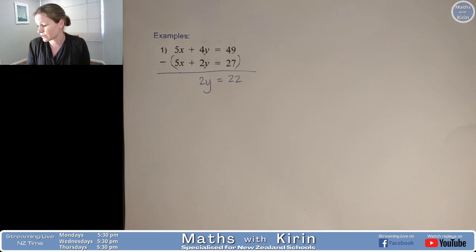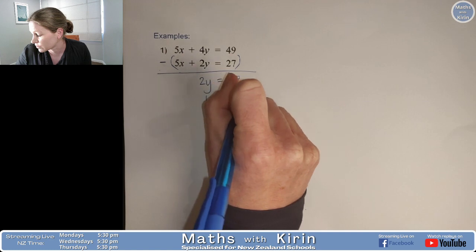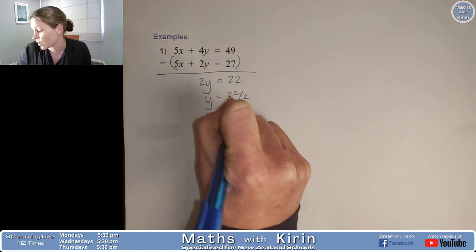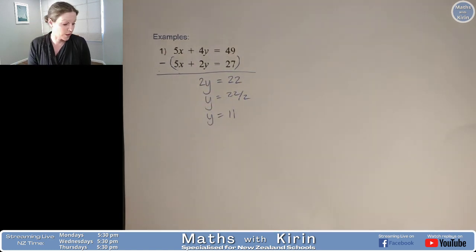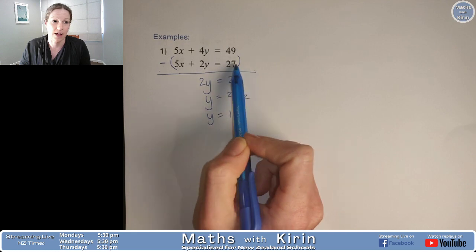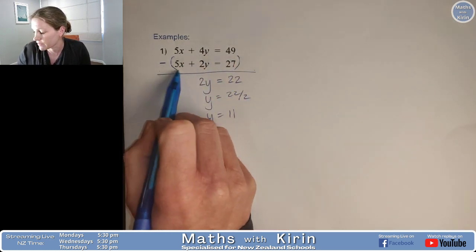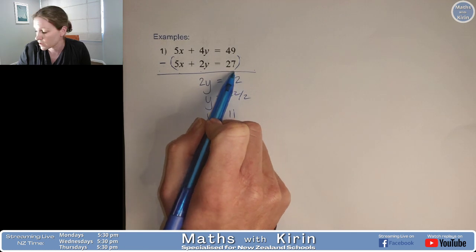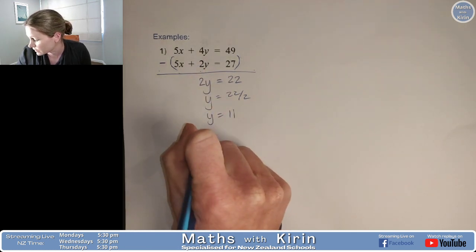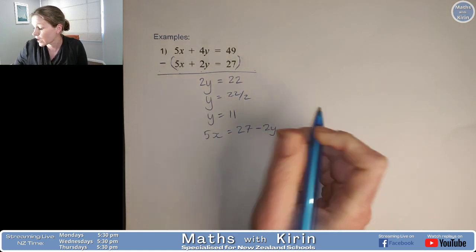We know that 2y is equal to 22, so solving a linear equation, y is 22 divided by 2, so y is 11. We've already found one variable. Going back, in order to find x, we can use either equation, doesn't matter. I'm just going to use the second equation. So we know from here, 5x plus 2y is equal to 27. So 5x would therefore be 27 minus 2y.